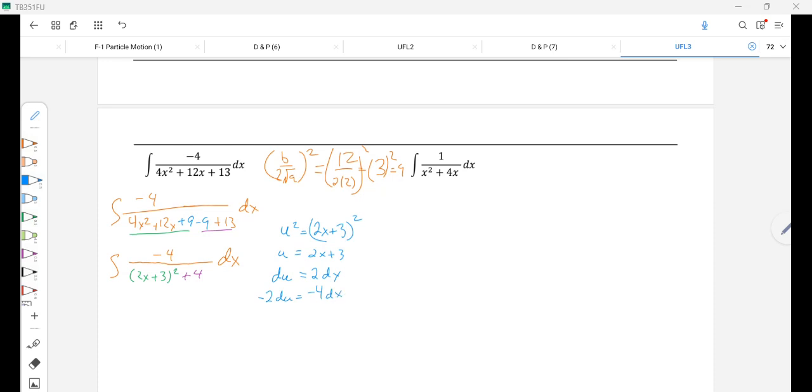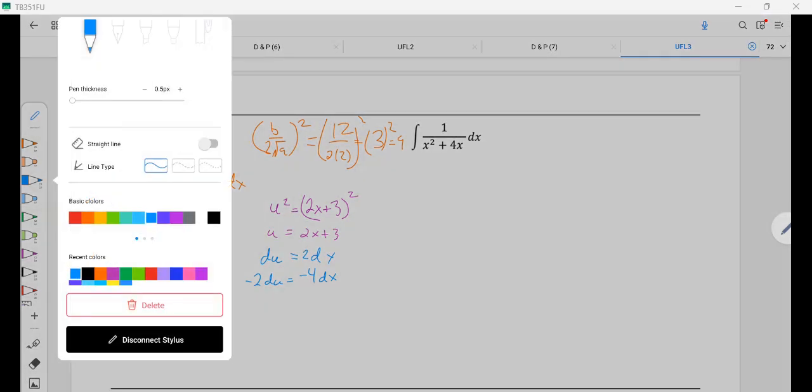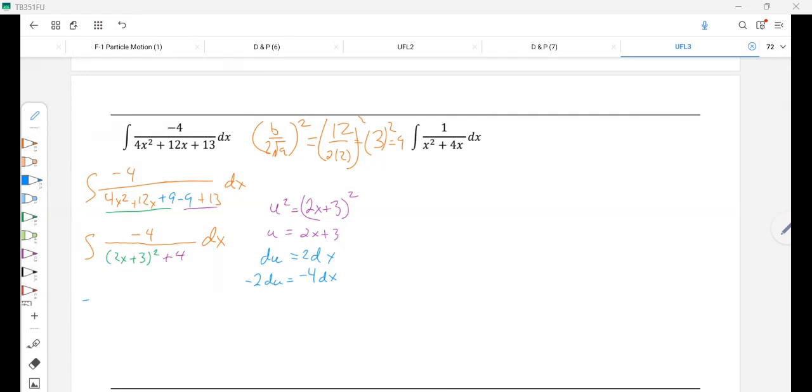Didn't do a good job of color coding this part. A lot of color coding for different reasons. So, all righty. Which makes our final integral in blue, negative 2 out front, or negative 2 in my numerator, however you want to do it. And we've got u squared. Oh my gosh, this is brutal.